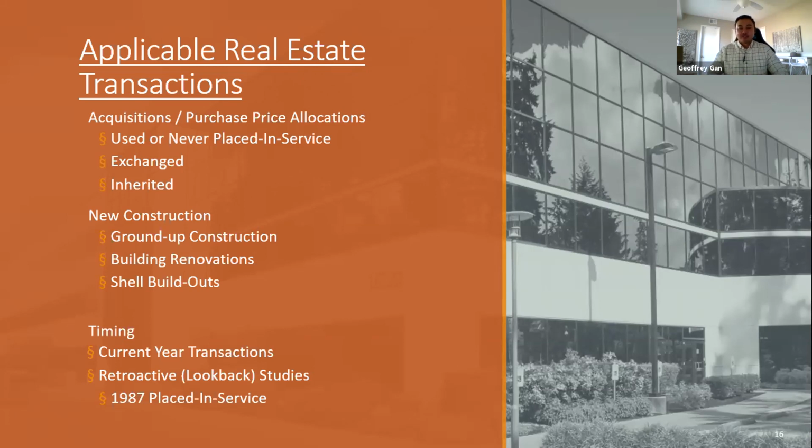Now, between acquisitions and new construction, the general floor of the basis, the minimum amount that would justify a cost seg study, rule of thumb, is about $400,000. So maybe just under $500,000, and you might be looking at a cost seg opportunity there. Remember, for purchase price allocations on acquisitions, a lot of times a purchase includes land, and that land value is not depreciable.